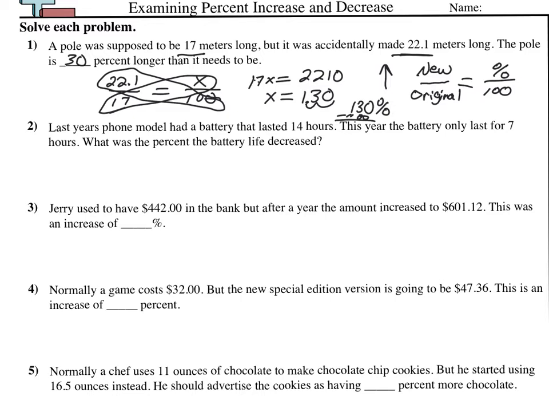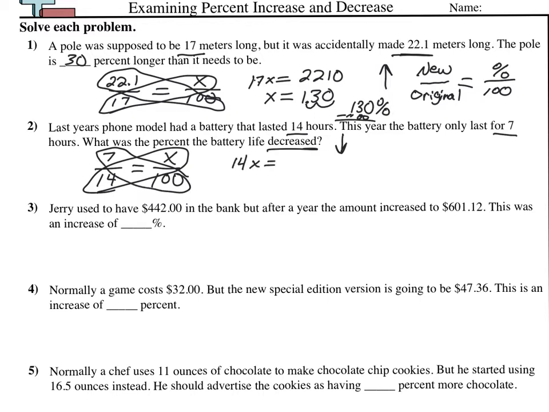The second problem: last year's phone model had a battery that lasted 14 hours. This year, the battery only lasts 7 hours. What was the percent of decrease? So we know it's going down. Okay. The new is 7. The original is 14. So we cross multiply, and we get 14x equals 700.